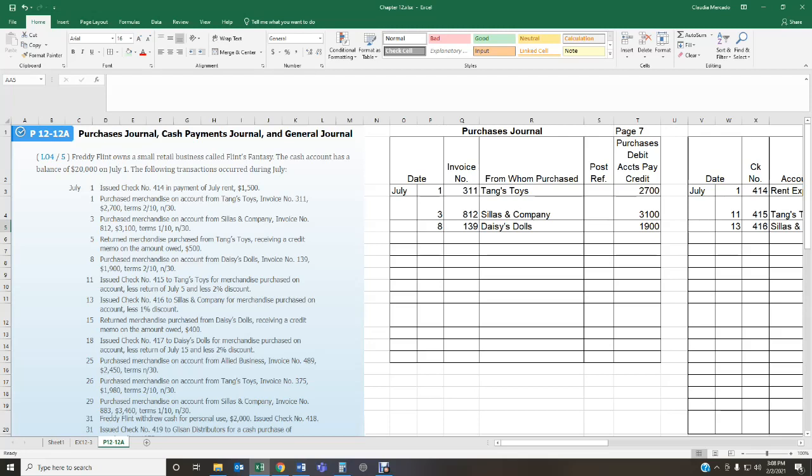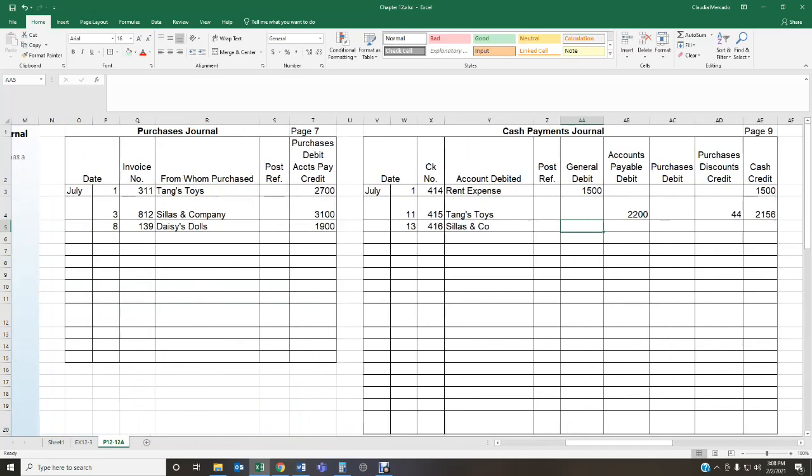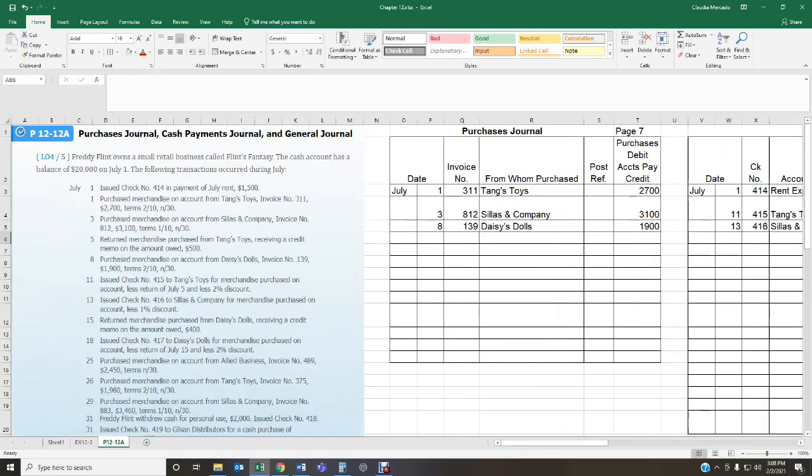If we go back to July the 3rd, we purchased $3,100 of merchandise. So that is what we are paying back, the $3,100. That is going to be going under my accounts payable debit because we are reducing the amount of accounts payable owed. Okay, that's $3,100.